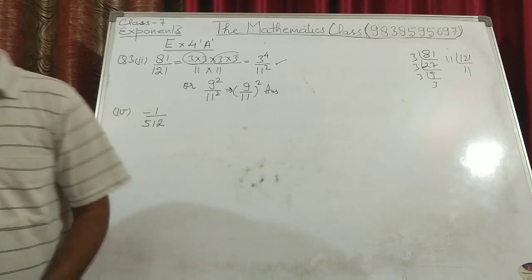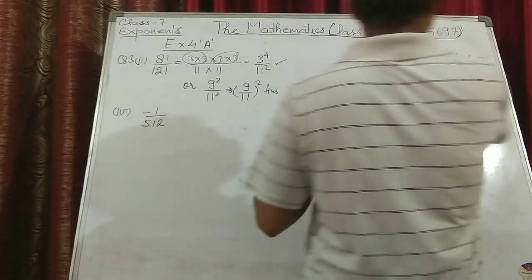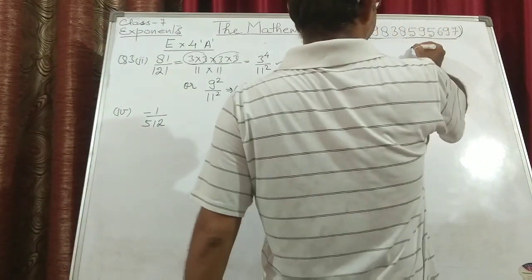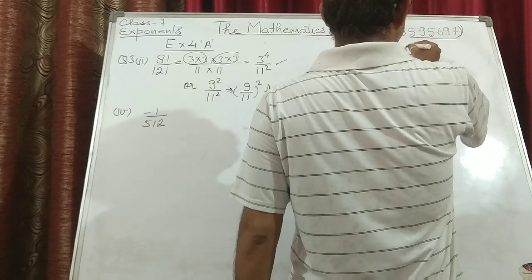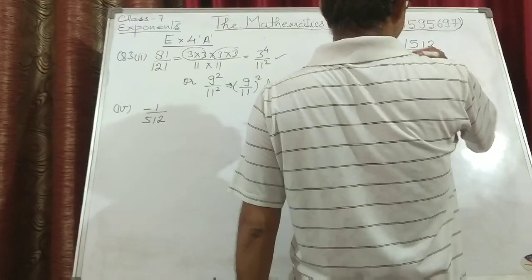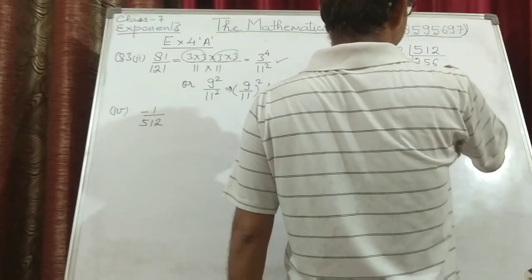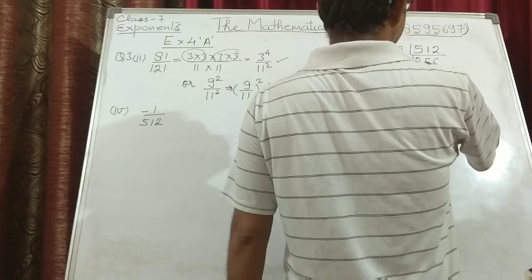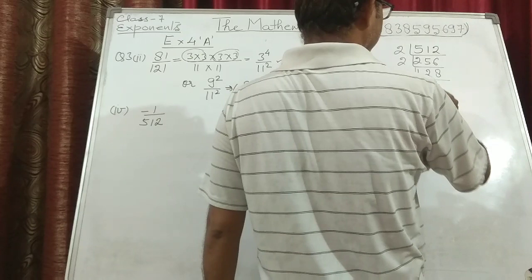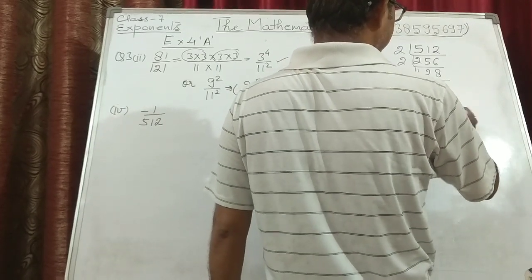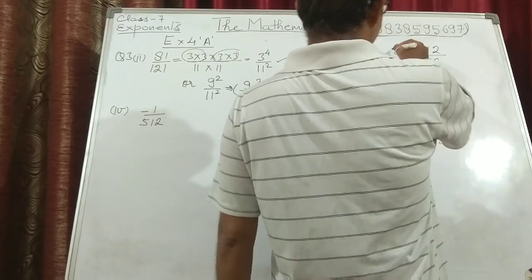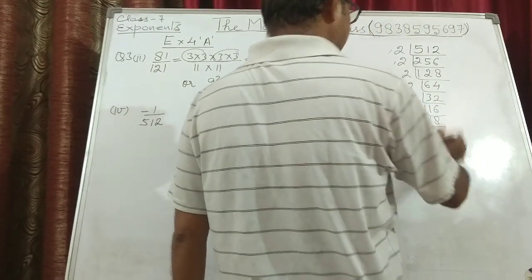Now let's see how we can write 512. 512 is 2 to the power 9, but first we will solve. 512 when divided by 2: 2 2s are 4, 2 5s are 10, 2 6s are 12, 2 1s are 2, 2 2s are 4, 2 8s are 16, 2 6s are 12, 4s are 8, 2 3s are 6, 2s are 4, 2 16s are 32, 2 8s are 16, 2 4s are 8, 2 2s are 4. 1, 2, 3, 4, 5, 6, 7, 8, 9.